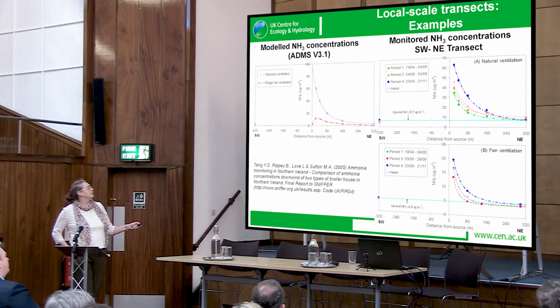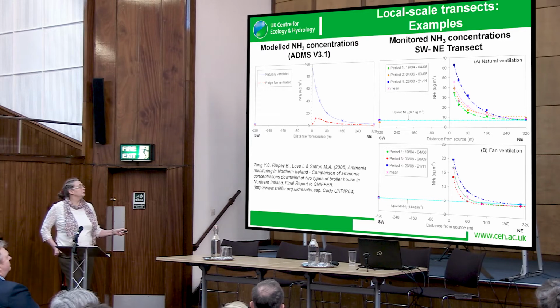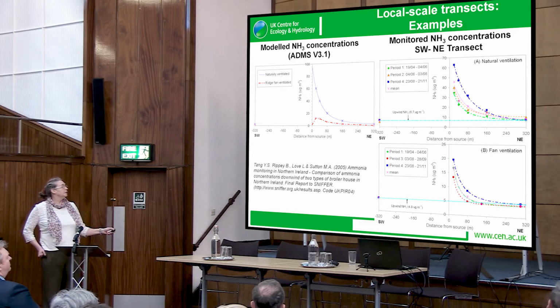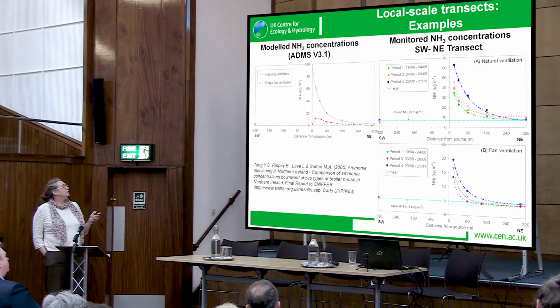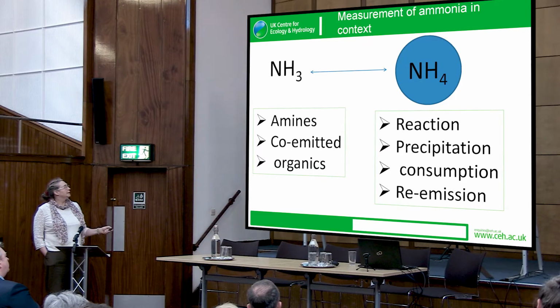So this is at a farm, point source, so it's up around 100 micrograms per meter cubed, and the background in this location is less than 1 microgram per meter cubed. So you have the factor of 100 dilution within a couple of hundred meters of the emission source, as it's sticking to the surfaces, diluting and forming particles. So you need to be able to understand it and its co-emissions.